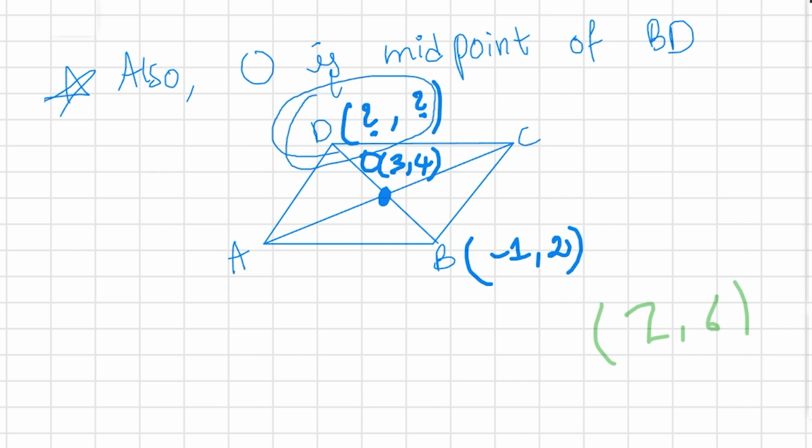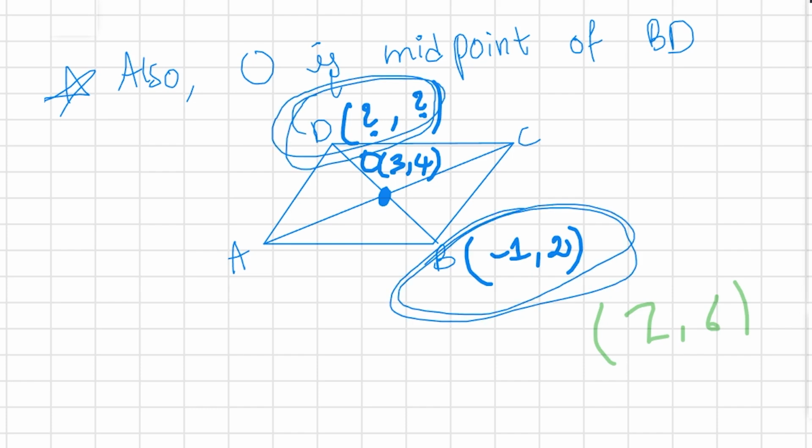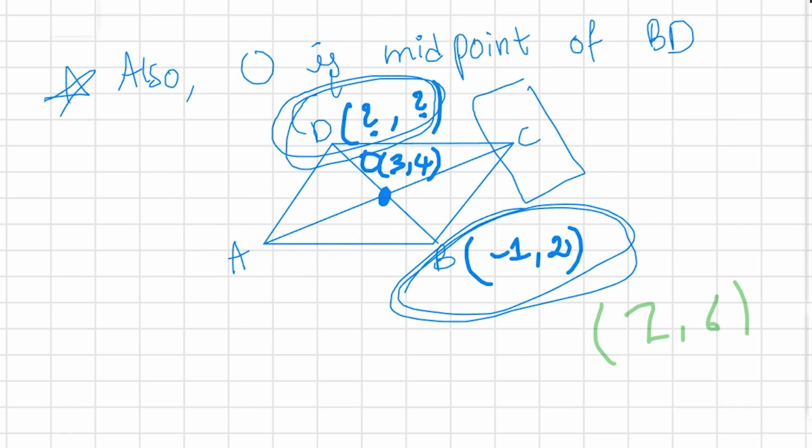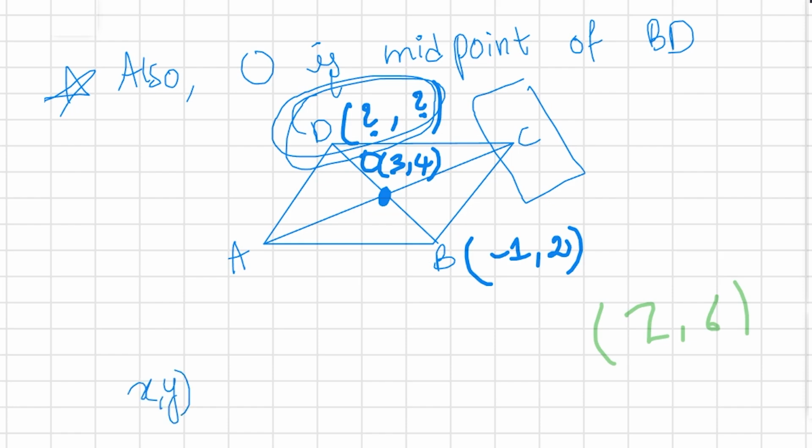You have to add B and D to get O, just like how you added previously for AC. But we don't know D. So how do we add it? If you don't know, you have to assume variables x and y. Assume D as x comma y.